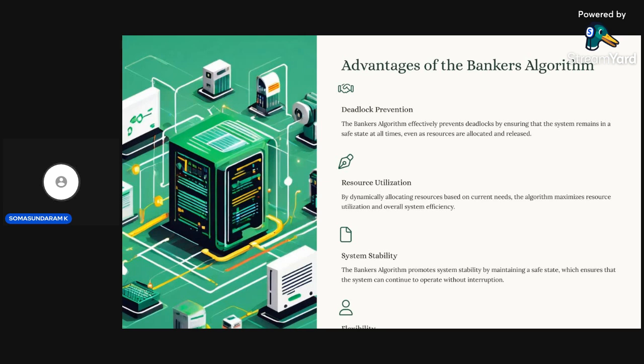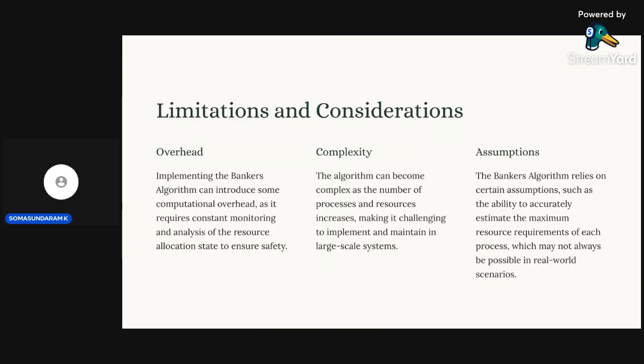System stability. The Banker's algorithm promotes system stability by maintaining a safe state, which ensures that the system can continue to operate without interruption.